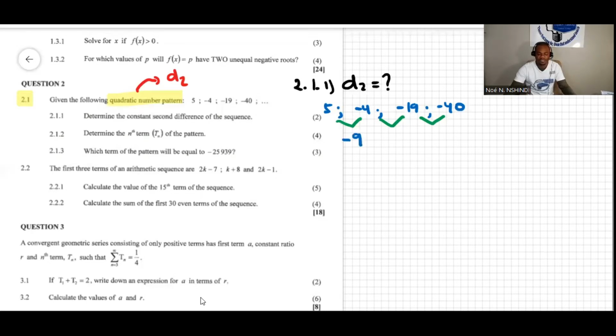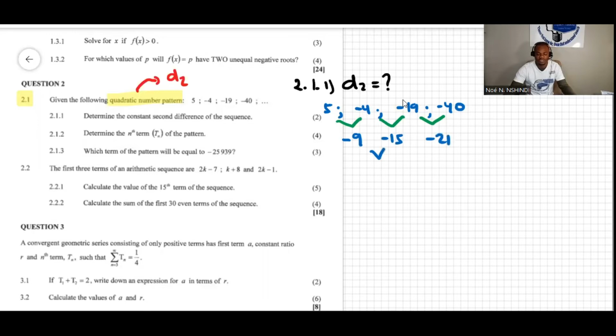Then -19 minus -4, we need to be careful here, minus -4 makes +4, so that will make -15. Then -40 minus -19 makes -21.